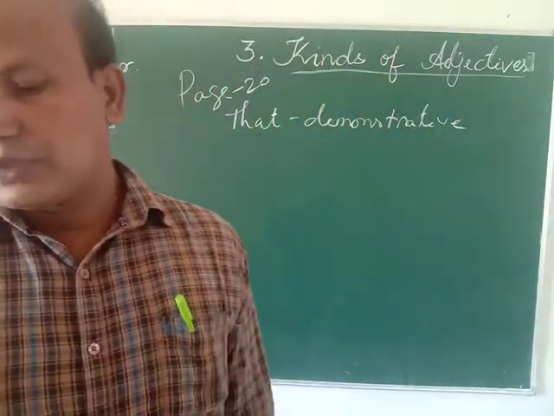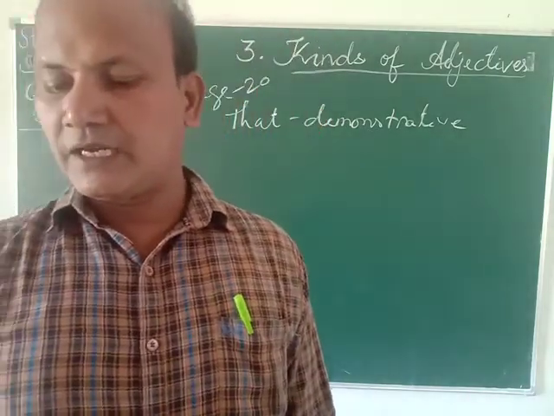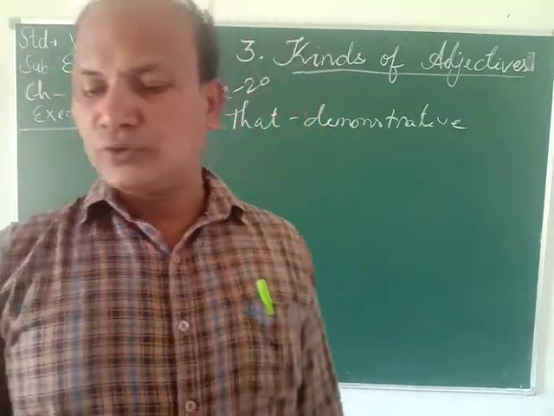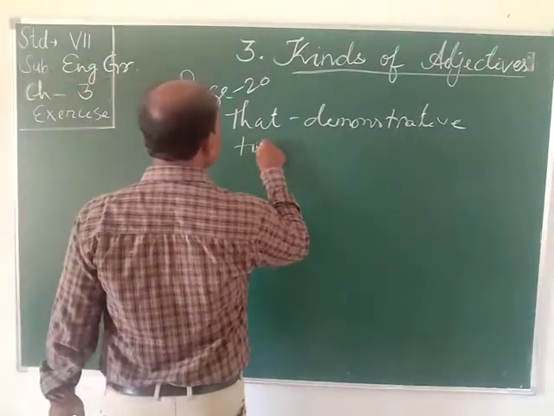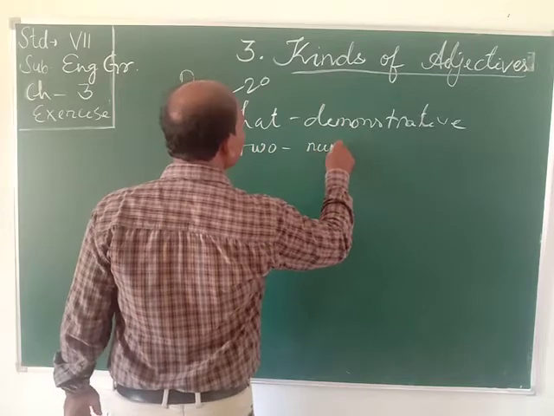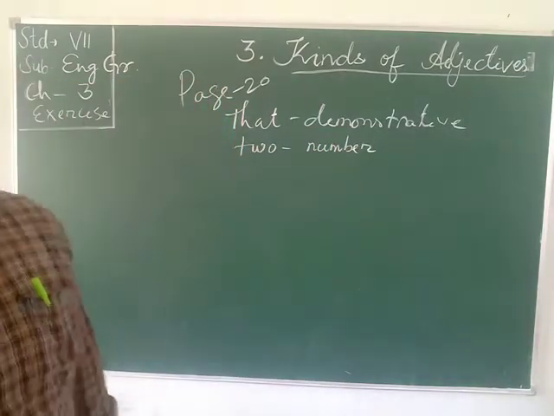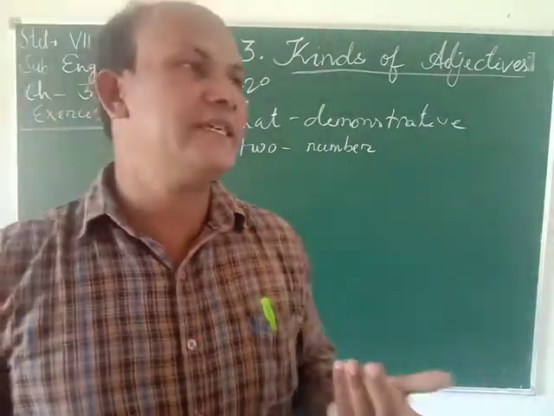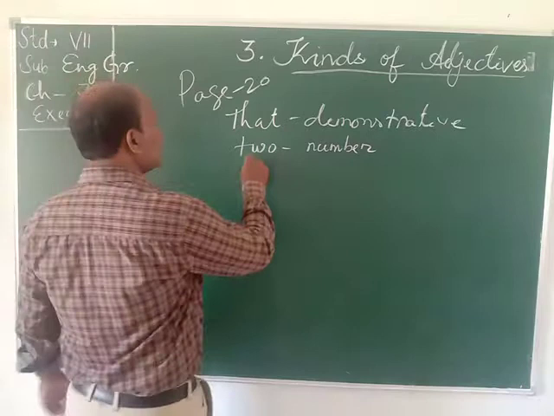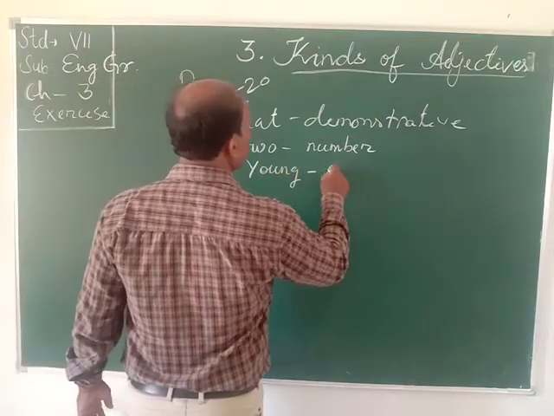Window. Three years ago, to a day, her husband and her two young brothers. Two is number. Two young is quality, young brothers. Adjective of quality, young is adjective of quality.